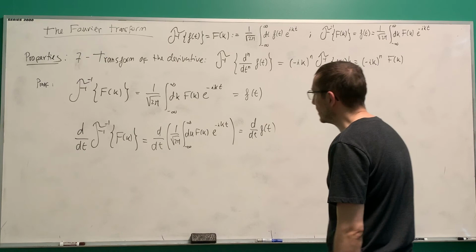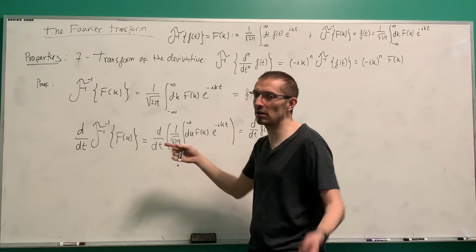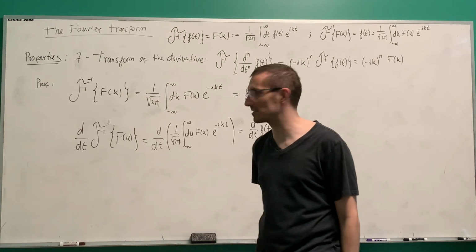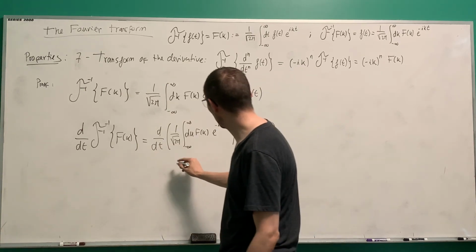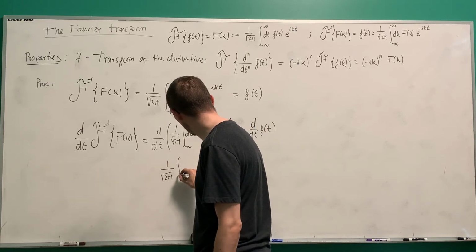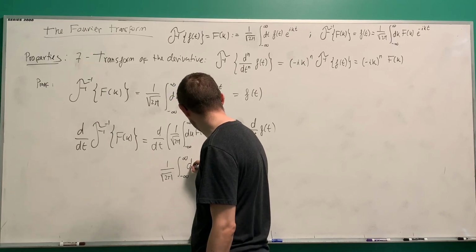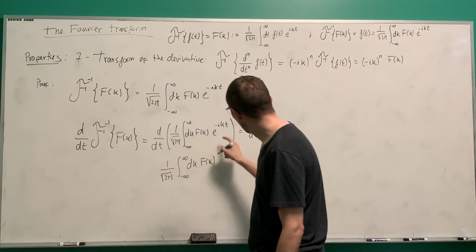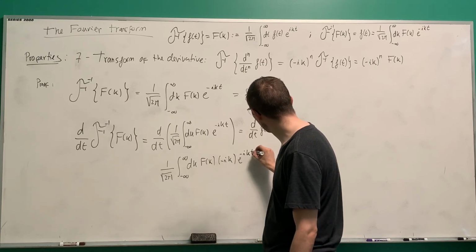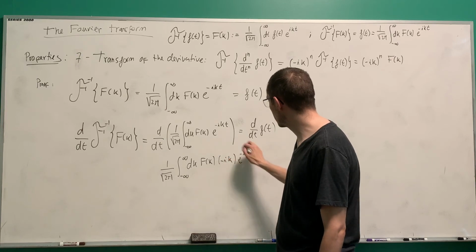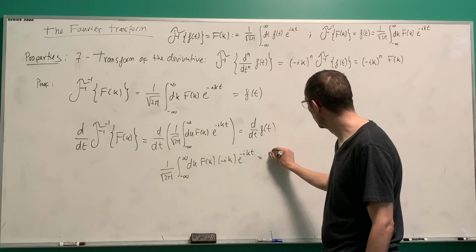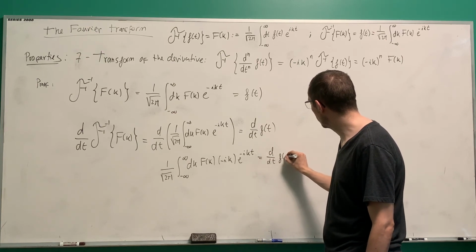Now the only dependence on t is in the exponential, and the integral is not with respect to t, so the differentiation can jump the integral sign. On the left it gives me 1 over root 2 pi, integral from minus infinity to infinity dk f of k times minus i k e to the minus i k t, where the time derivative is applied to the exponential. And that is equal to d dt f of t.